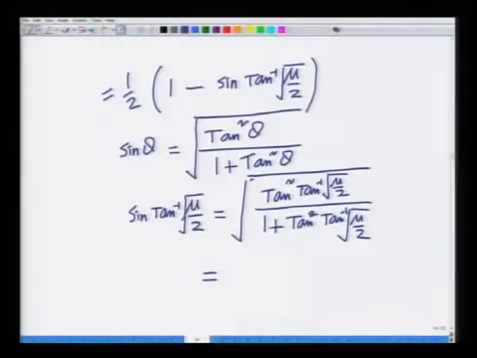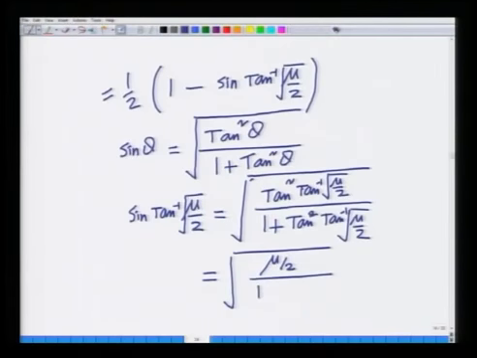So, tan of tan inverse square root of mu over 2 is simply square root of mu over 2, the square is mu over 2. So, this is simply the square root of mu over 2 divided by 1 plus mu over 2, which is also essentially mu over 2 plus mu.